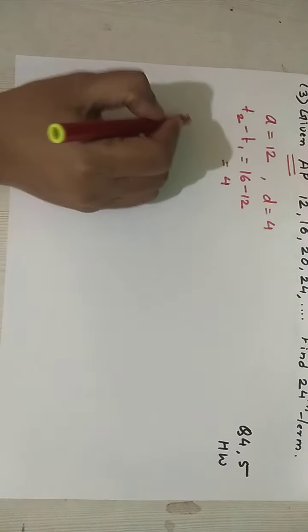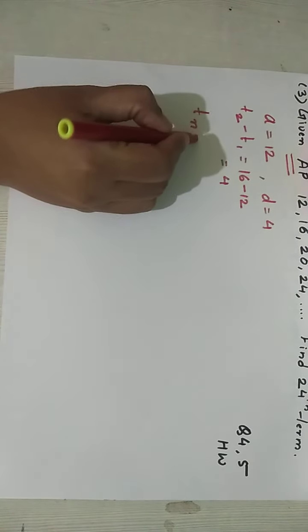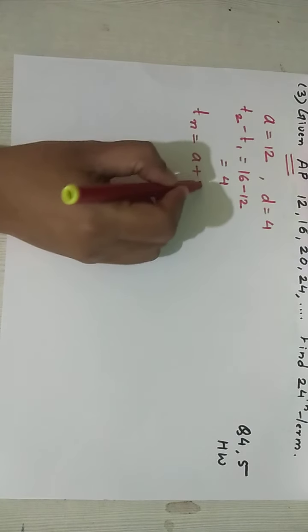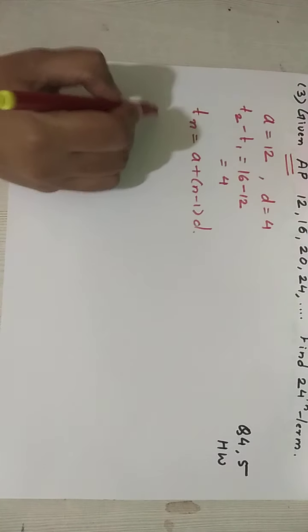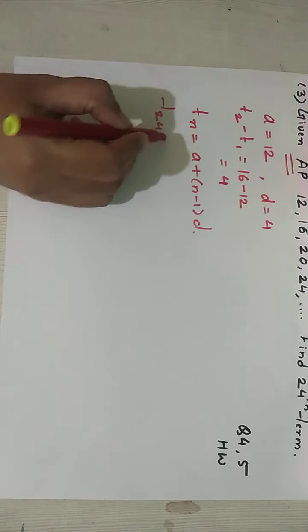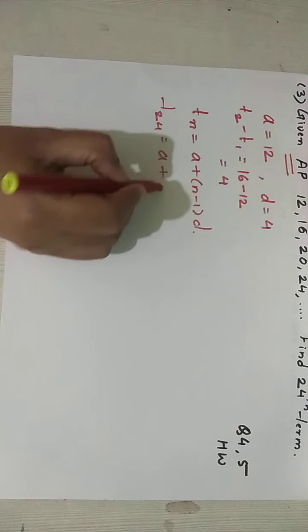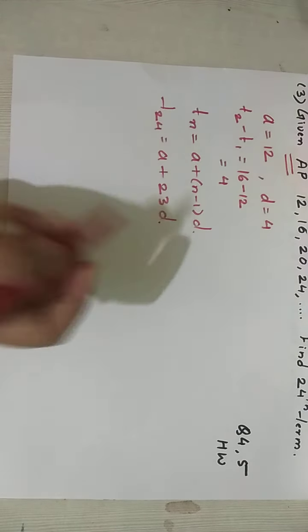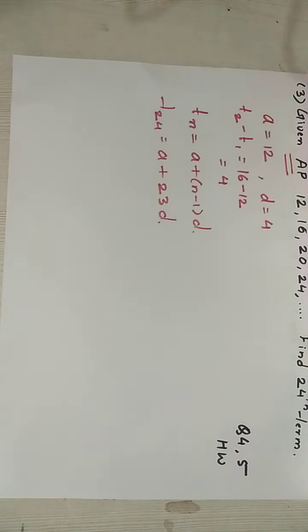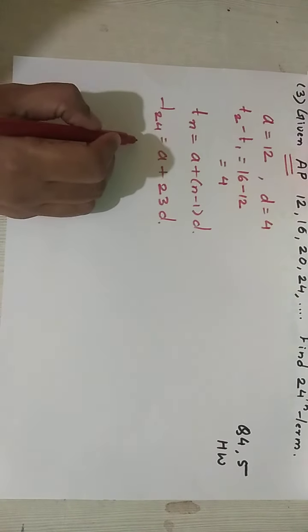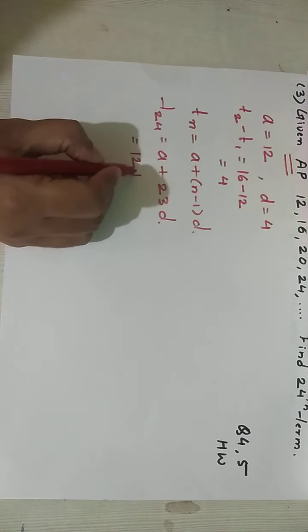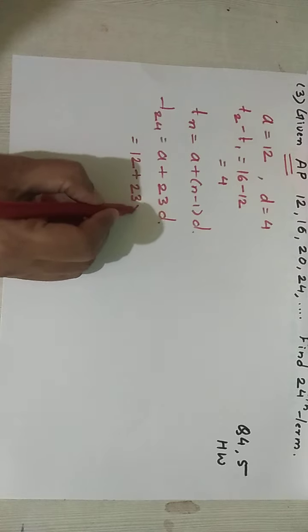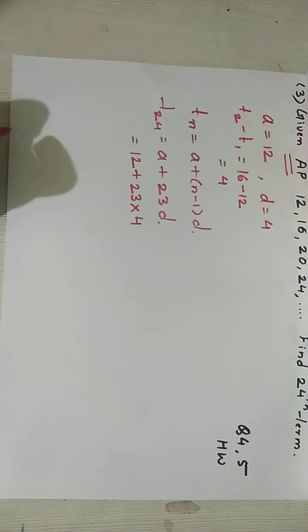So let's start with the formula. You need to write down the formula of Tn. Tn is A plus n minus 1 into D. So how much will be T24 then? T24 will be A plus 23D. So this will become, substitute the values of A. A is 12, 23 into D is 4.